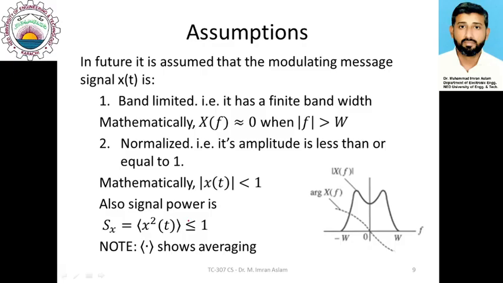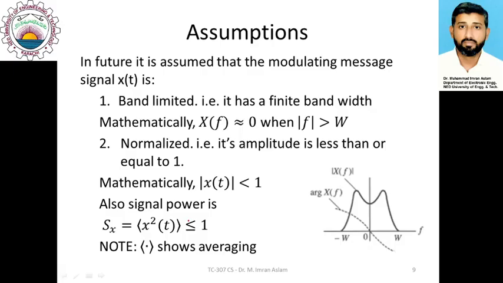So I would stop this lecture here. For today's lecture, I have tried to explain how the information is superimposed onto the carrier, how we change the carrier to represent the message information, and also we have discussed a few assumptions that we will be considering when we move on to the mathematical analysis related to different modulation schemes.